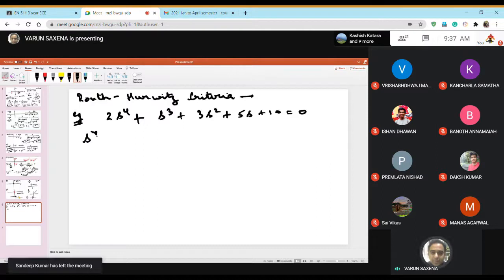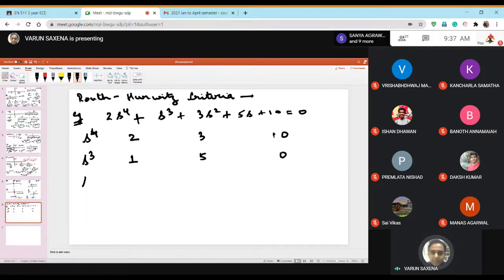I write S4. So I write 2, then I take 3, and then I take 10. So these are all even powers of S that I've taken. Then we come to S cube. So S cube is 1, then you have 5, and then you have basically 0. So we go ahead and we write S square. So S square will be 1 into 3 minus 2 into 5 divided by 1.